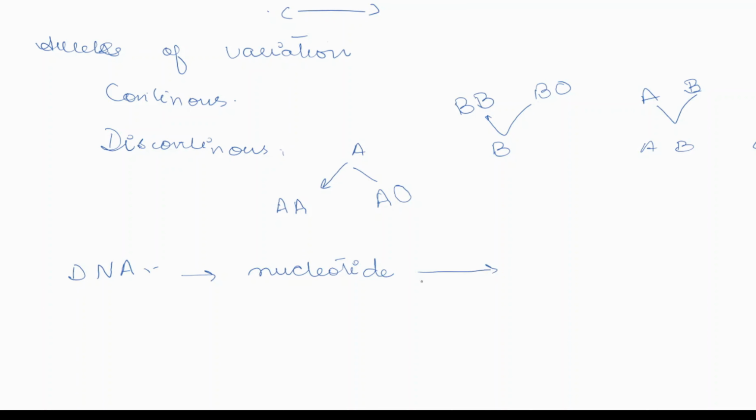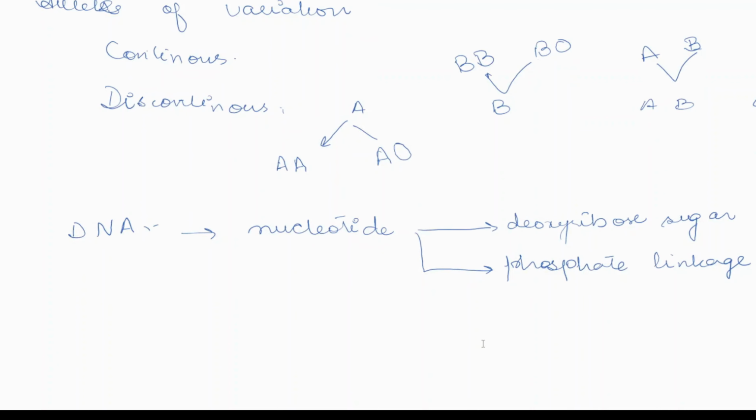One is deoxyribose sugar, second is phosphate linkage, and it makes the backbone. And the third important thing is the nitrogenous base, that is adenine, thymine, guanine, and cytosine.